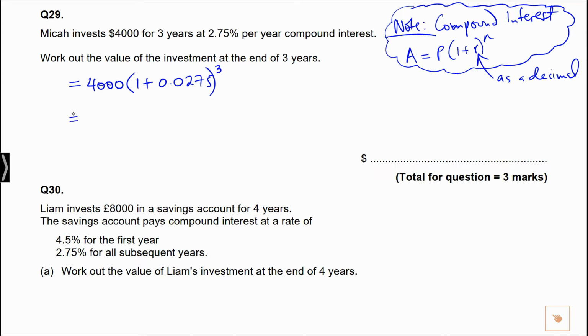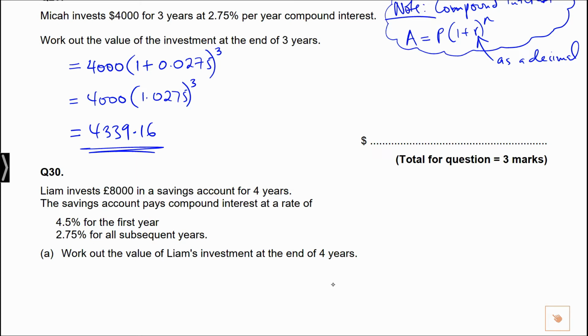And then you just work it out. So this will be 4,000 times 1.0275 to the power of 3. Now, if you plug this in your calculator, you'll end up with 4,339.16. And that will be the value of the investment at the end of 3 years.